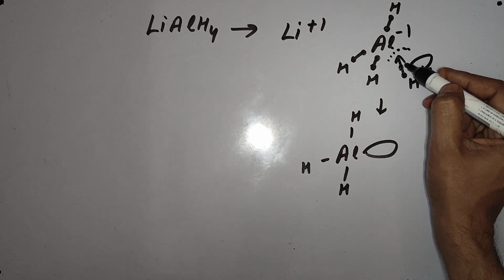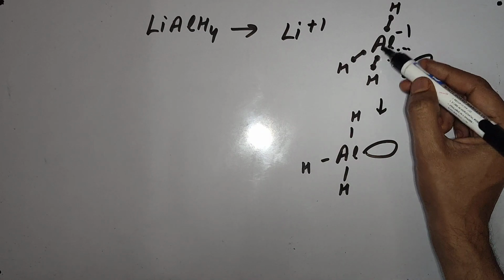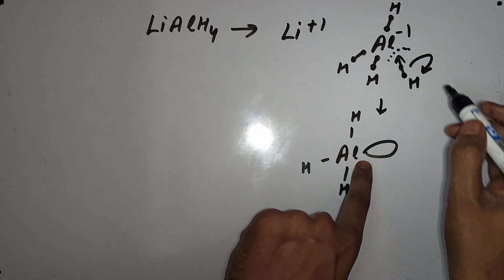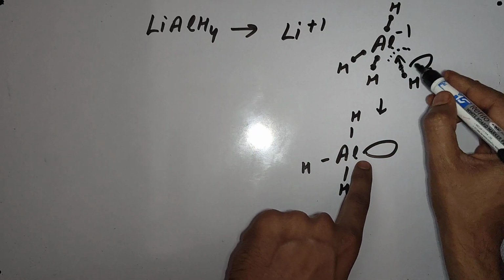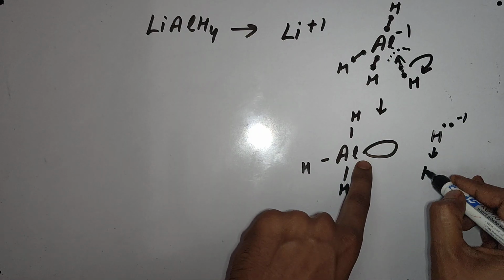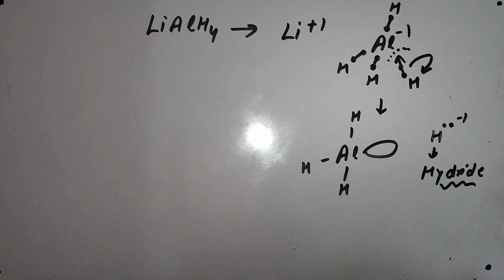Now hydrogen is getting that electron, so the charge on aluminium will finish. Aluminium will have a vacant orbital and be neutral. Now what about this hydrogen? Because hydrogen is getting this extra electron, it is a hydride. Now this hydride wants a nucleophile.